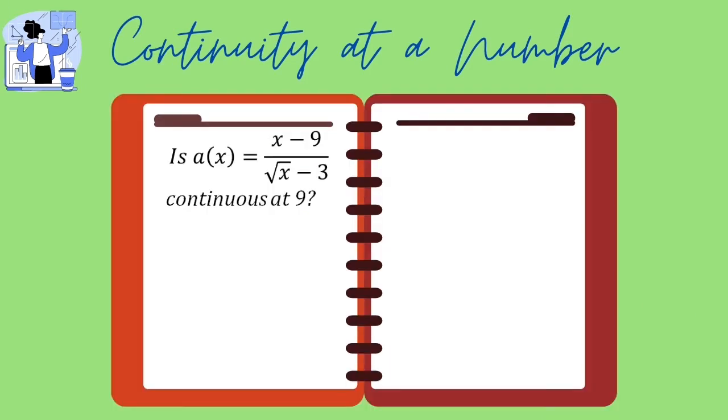Is a of x equals the quantity x minus 9 over the quantity square root of x minus 3 continuous at 9? We check each condition starting with finding a of 9.